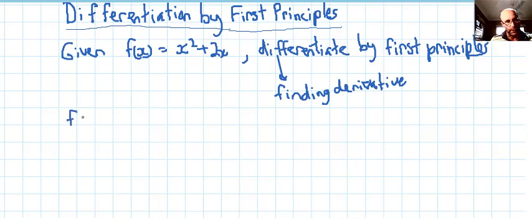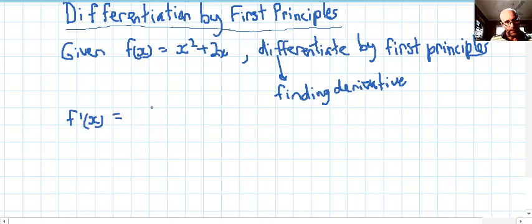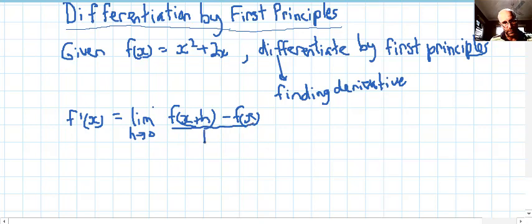Okay, applying the formula f dash of x equals the limit as h approaches 0 of f of x plus h minus f of x over h. Alright, so without drawing a diagram, can we come up with our points?